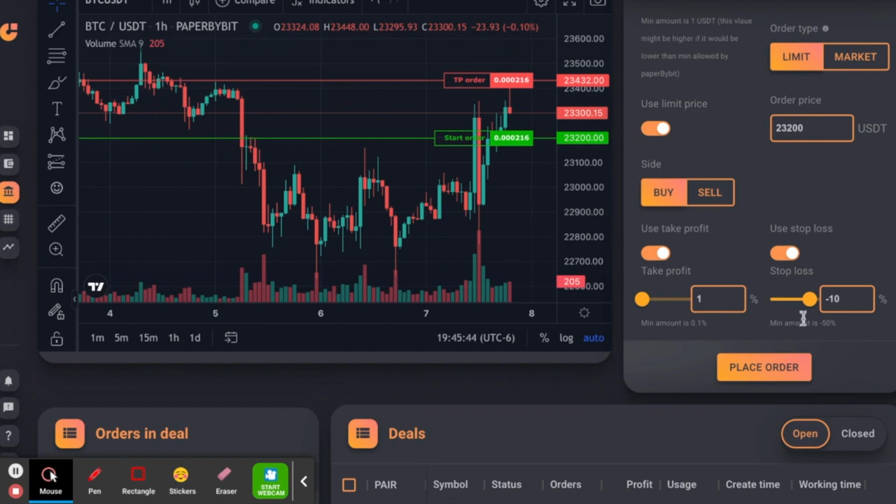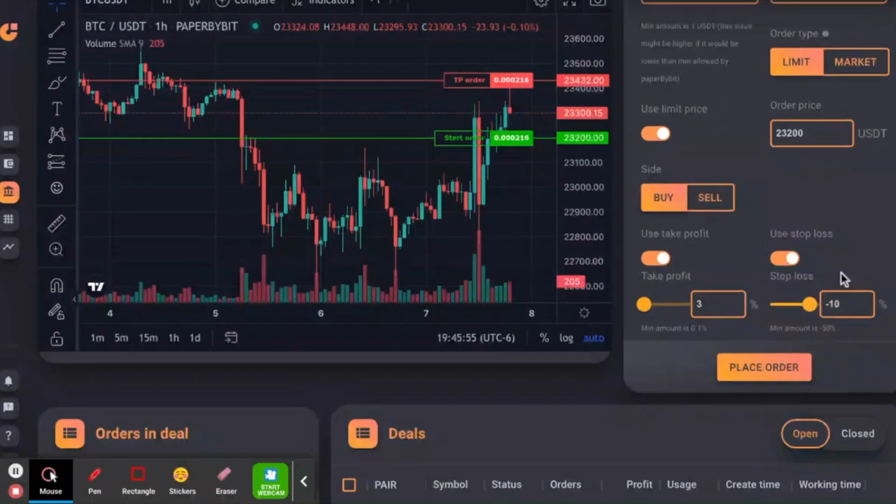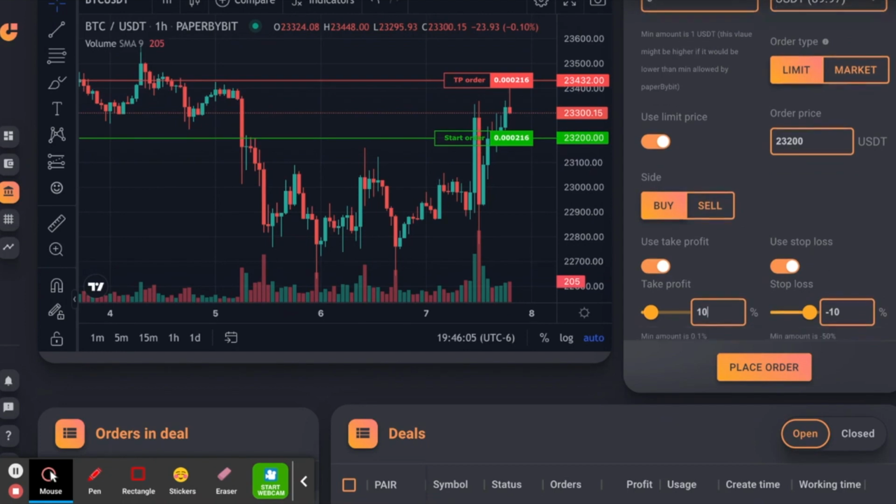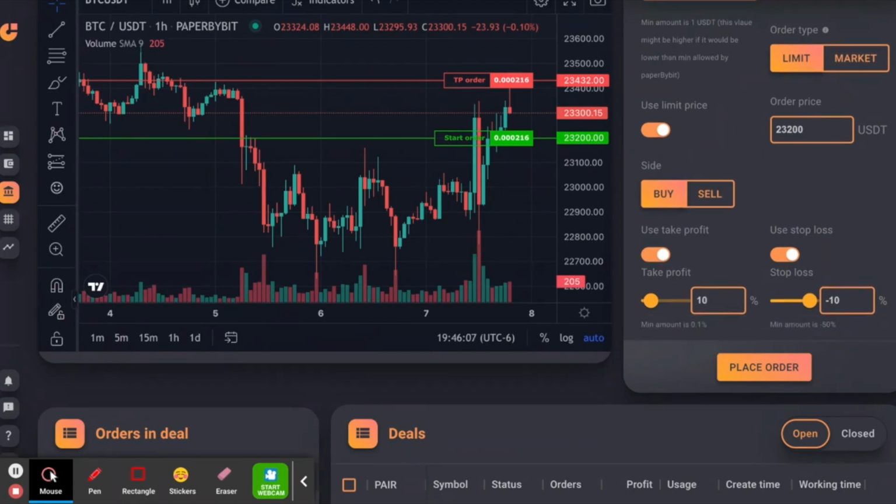But if I do a take profit of 1%, that means if it goes up 1%, then it's going to sell it. Now I could do 3%, okay? And that's going to end up selling it. Now I could also do 10%. So if I do 10%, it's going to end up selling it. All right. So those are going to be your take profits and your stop loss.